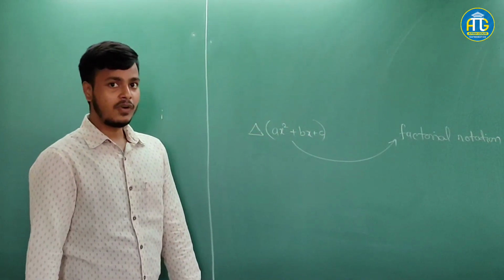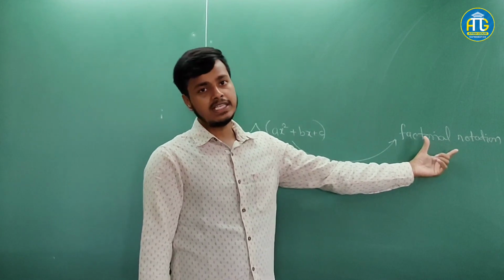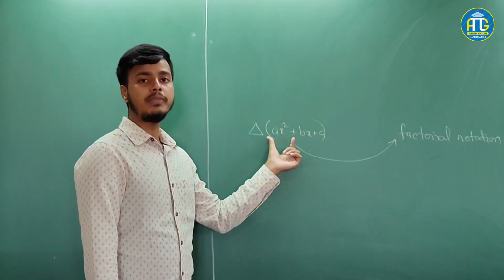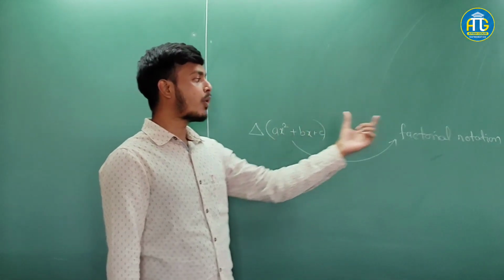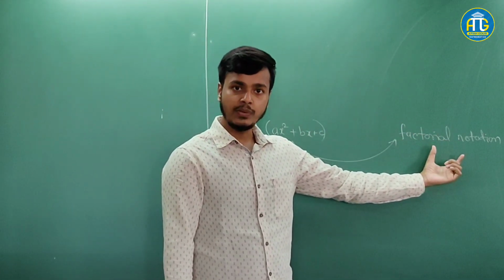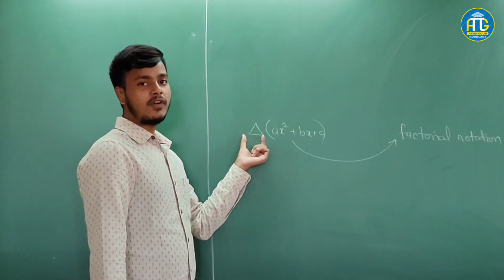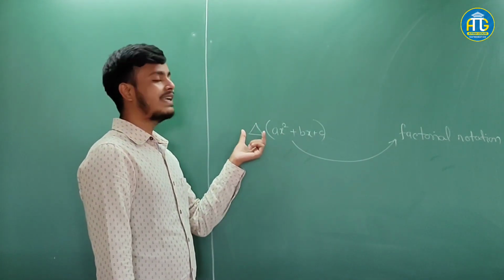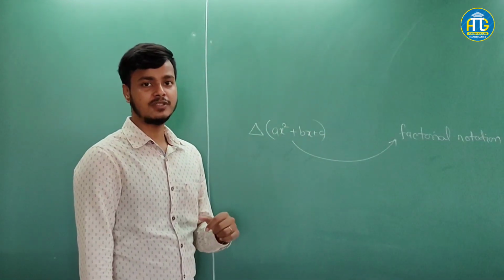So first of all we will see what is factorial notation, then we will see how a given polynomial can be represented in factorial notation, and then only we can think of the forward difference operator, or delta, of a polynomial in factorial notation.